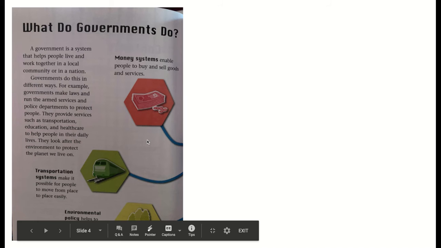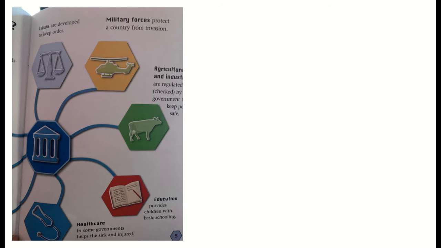Money system enables people to buy and sell goods and services. Transportation makes it possible for people to move from one place to another easily. Environmental policy helps to protect the planet and natural resources. On the other part of the page, laws help keep order.